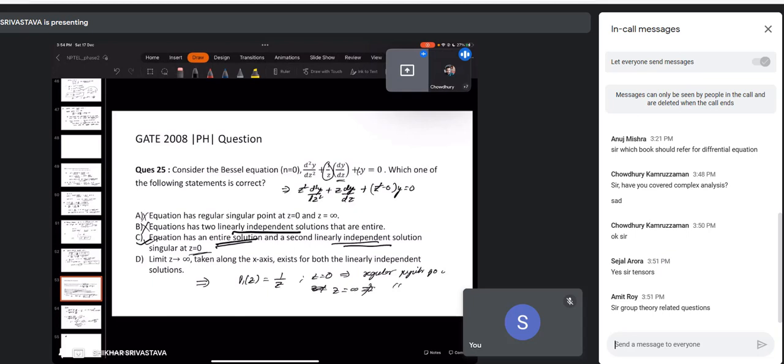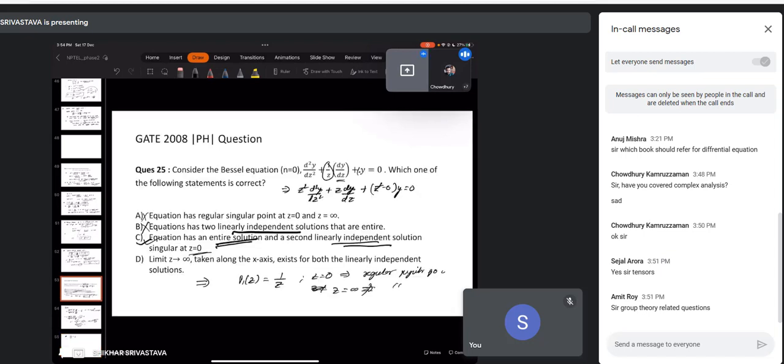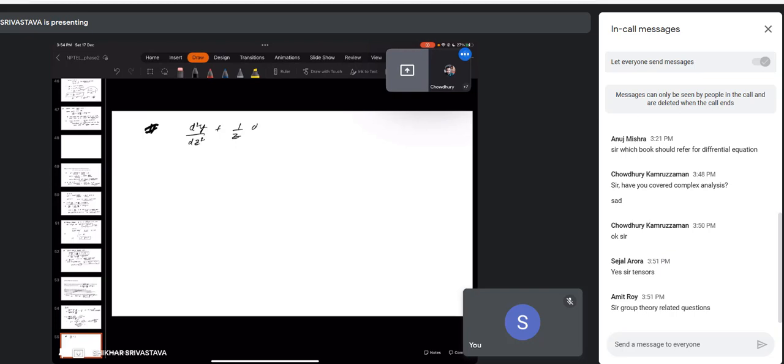This is a differential equation, right? d2y by dz square plus 1 by z dy by dz plus y is equal to 0. So your p1 of z is 1 by z and p2 of z is equal to 1.